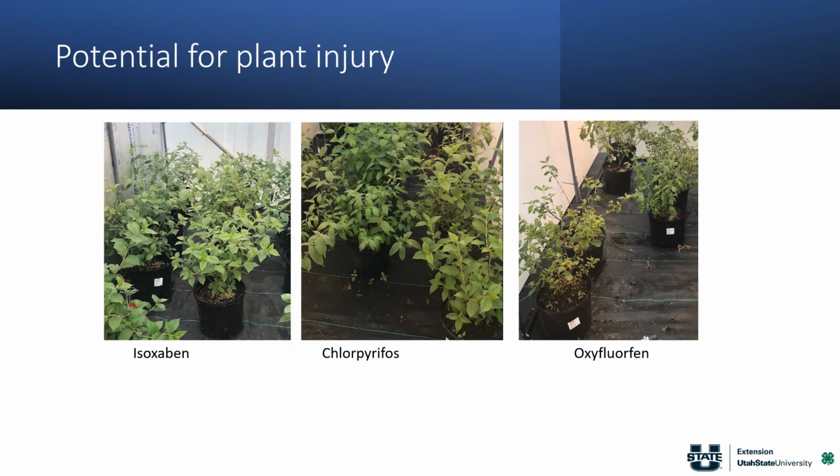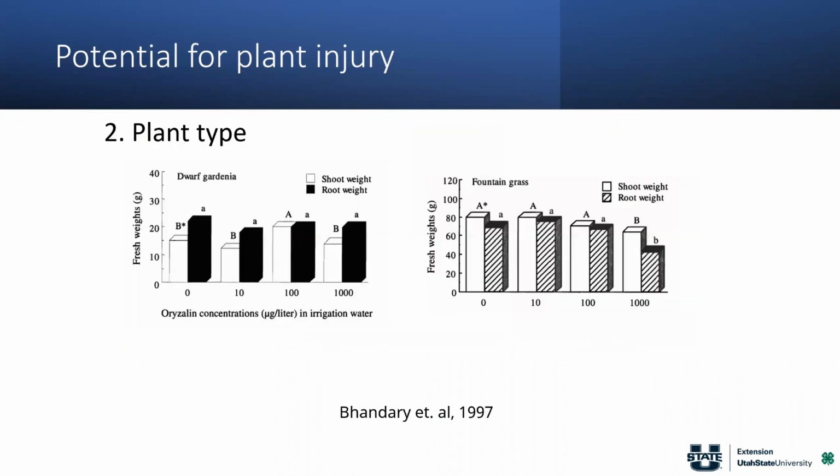When we used oxyfluoropyr, this was 0.02 parts per million. So it's pretty low, and we could see this damage. Look at the plants. So again, we need to consider what kind of pesticide we are using and what kind of pesticide is present in our retention pond.